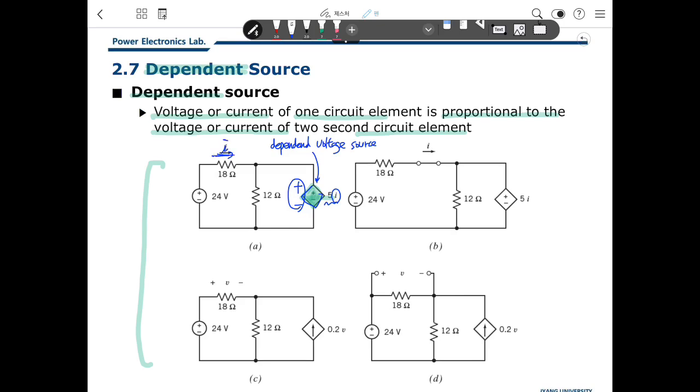I don't know what value the current is, but that value determines the voltage here. This is a dependent voltage source. The voltage value generated by the source is determined by the current flowing through this resistor. So we can think about that. We define this as the I here.